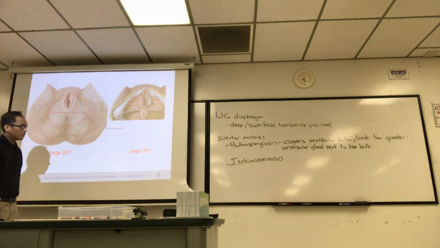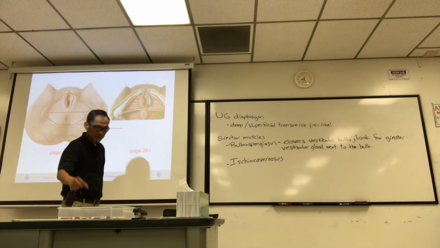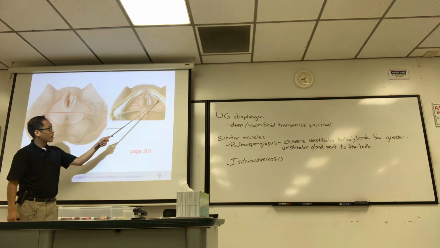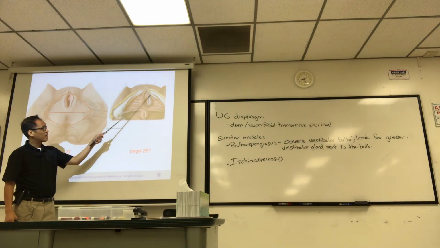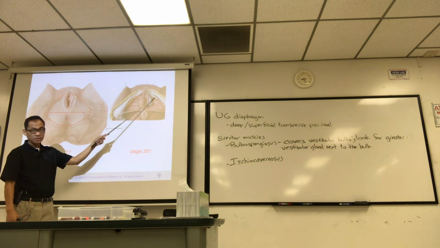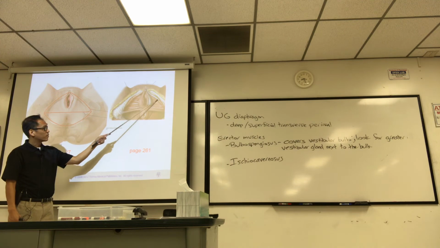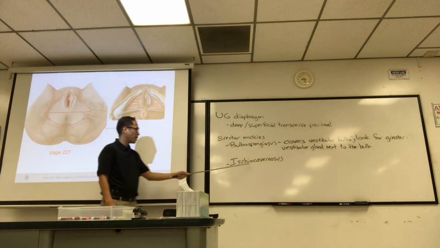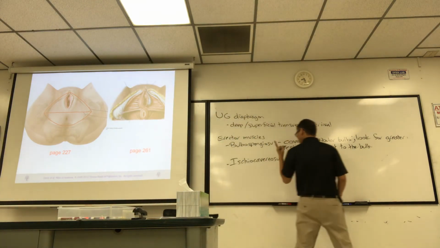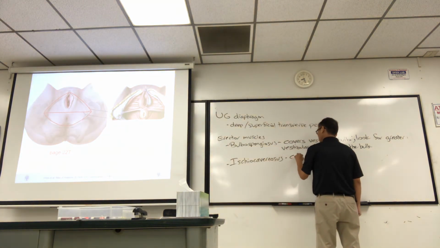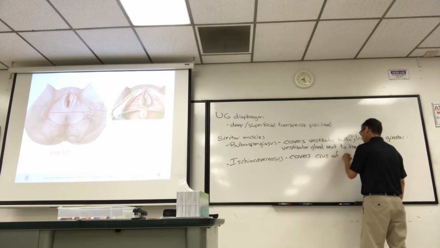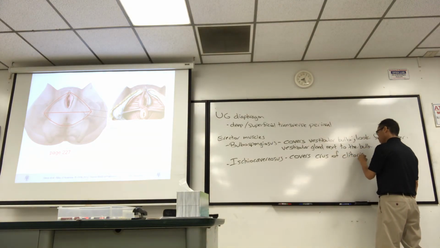The other thing, it's part of the clitoris, the ischiocavernosus. They cut it away right here. Ischiocavernosus, you see it cut away right there. Remember you had the crus of the penis, the little legs of the penis? This is like the legs of the clitoris. This is crus of clitoris, erectile tissue. It's covered by that. So the ischiocavernosus covers crus of clitoris.